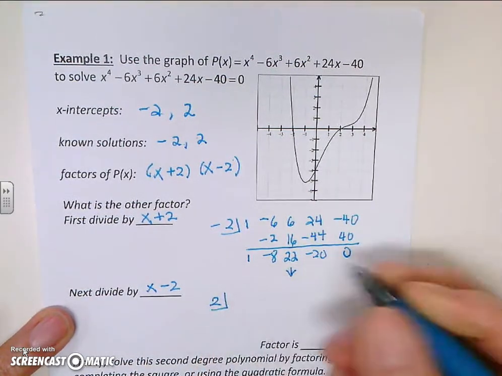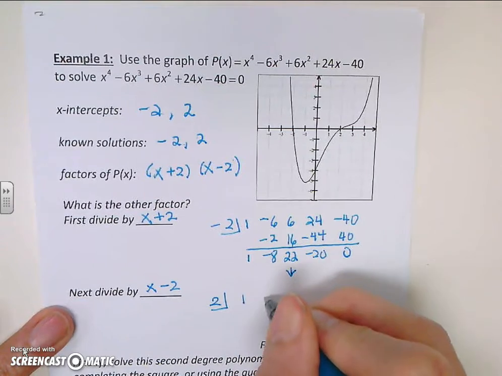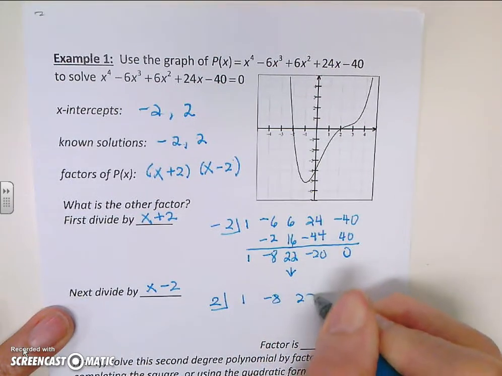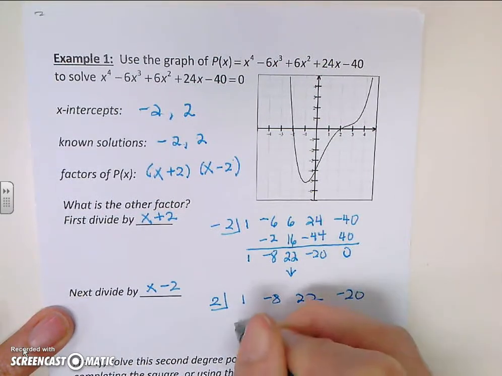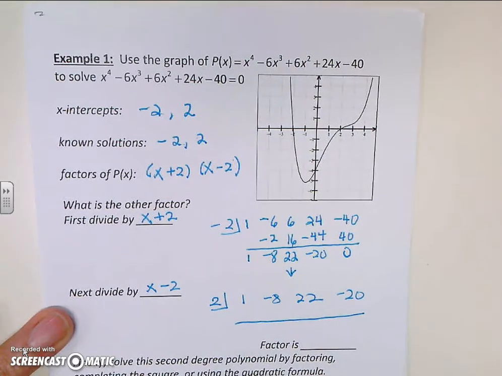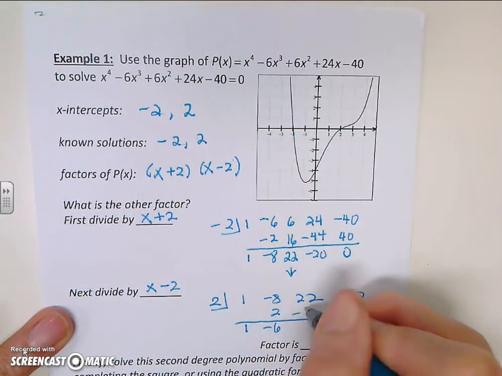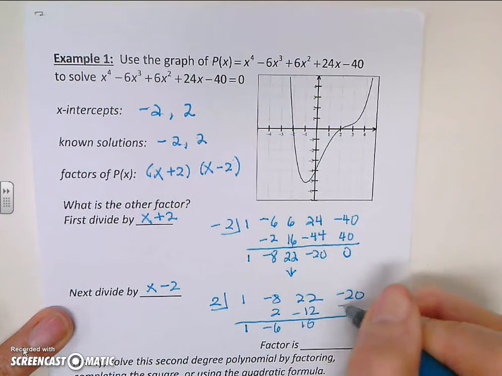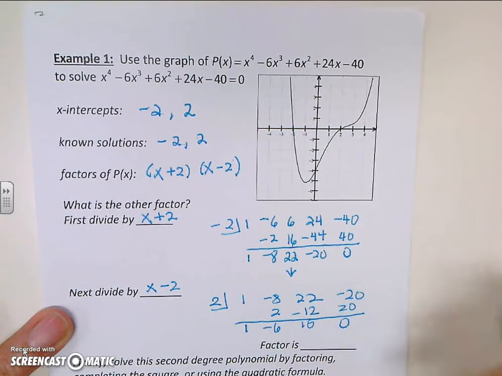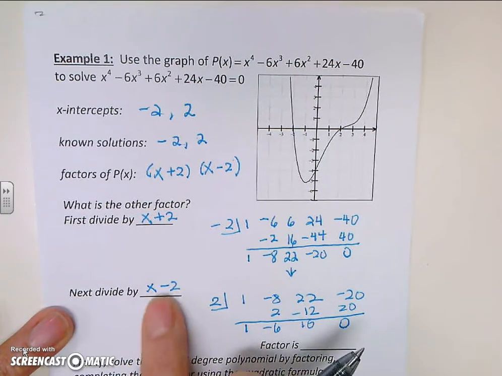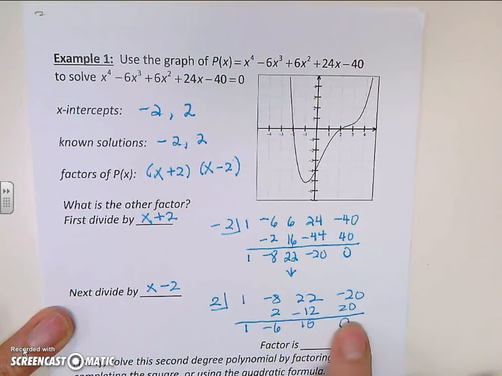So here we're going to have a +2. I'm going to put my 1, -8, 22, and -20 right there, and divide. So I get 1, 2, -6, -12, 10, 20, and there's my 0 again, because this I knew was a factor and should have a remainder of 0.